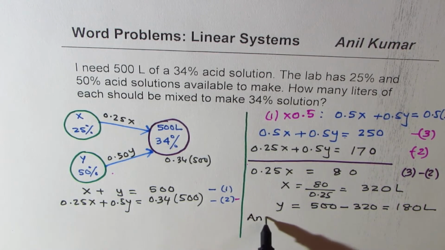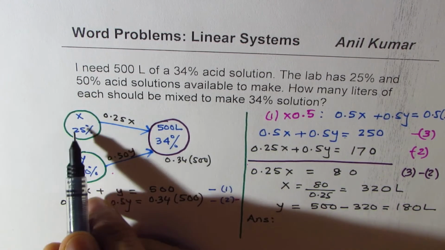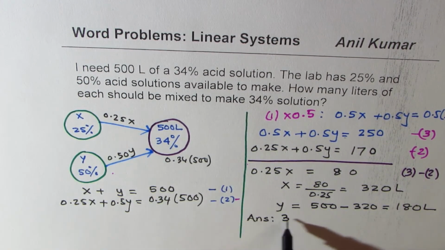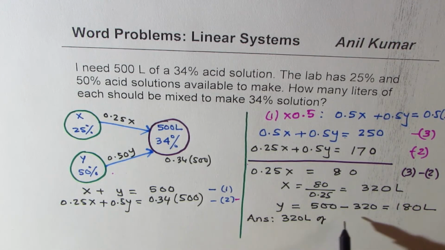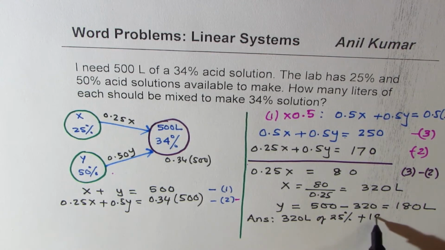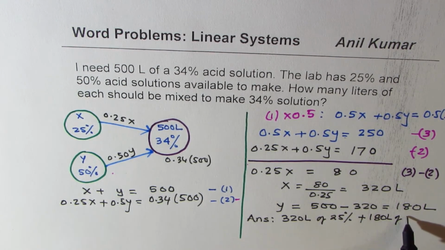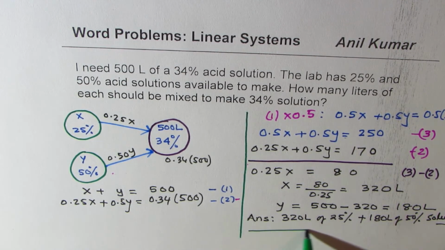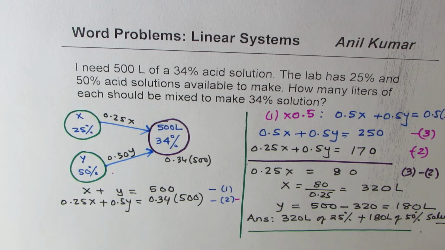So we get our answer that the mixture should be 320 liters of 25% solution plus 180 liters of 50% solution, or you can say acid, right, is required to get the result. Is that clear? So I hope this illustrates very nicely how we can solve any question related to mixture.